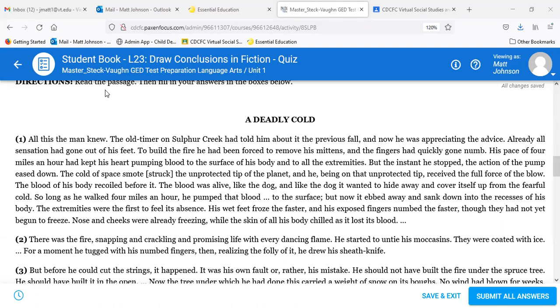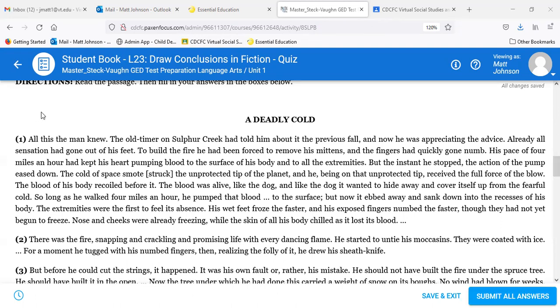The blood was alive, like the dog, and like the dog, it wanted to hide away and cover itself up from the fearful cold. So long as he walked 4 miles an hour, he pumped that blood to the surface.